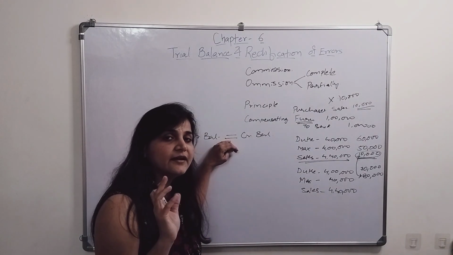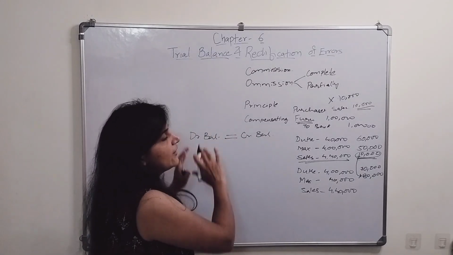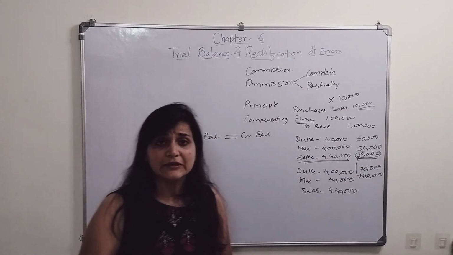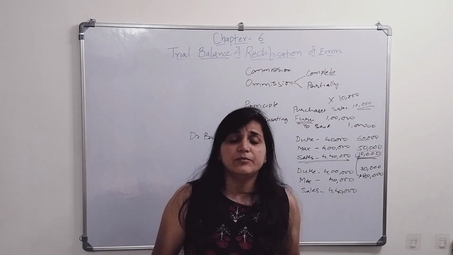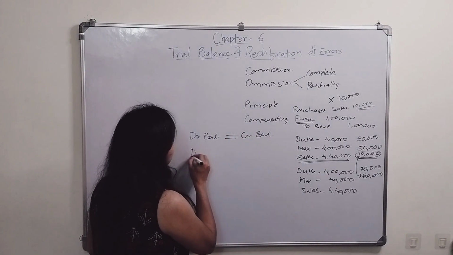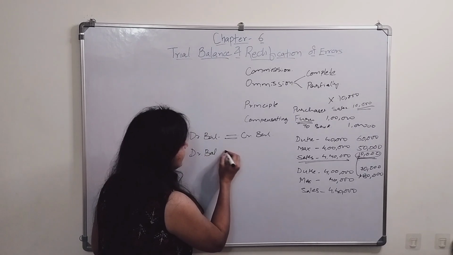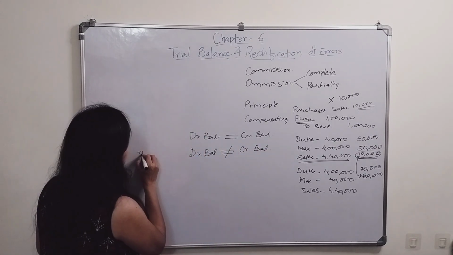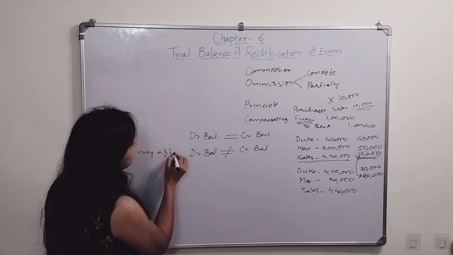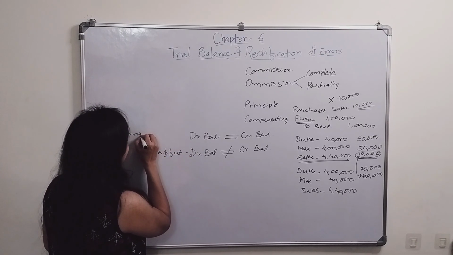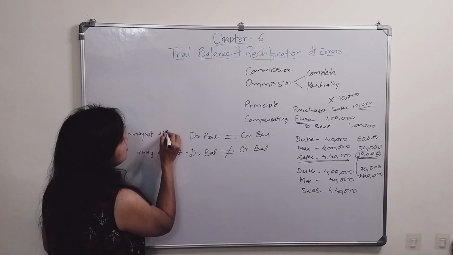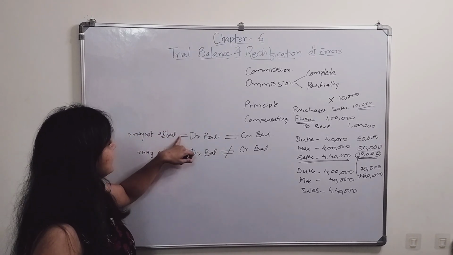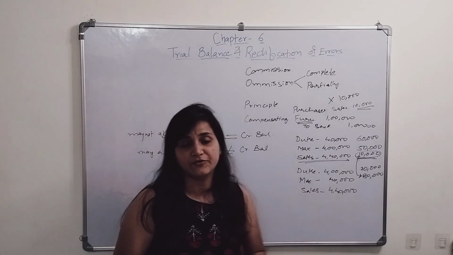There will be certain errors which will not affect the trial balance, meaning the debit balance will be equal to the credit balance. But there could be certain errors wherein the debit balance is not equal to the credit balance. So they may affect the trial balance in this case. Here the errors are also there, but they are not affecting the trial balance, whereas in this case it may affect the trial balance.